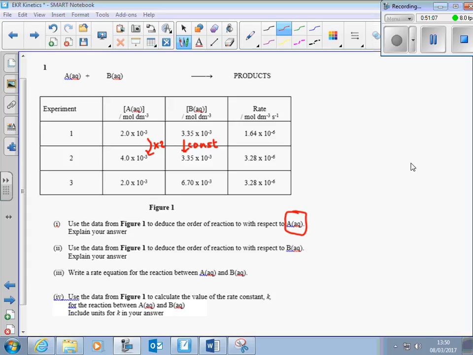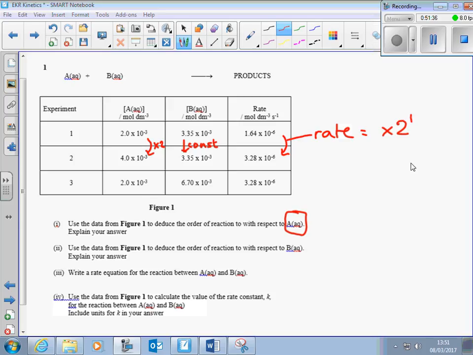What happens to the rate from here to here? The rate has gone from 1.64 times 10 to the minus 6 to 3.28 times 10 to the minus 6. What's happened to the rate? It's doubled. So it's gone up by 2 to the power 1, yes.